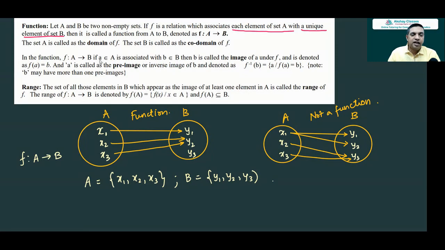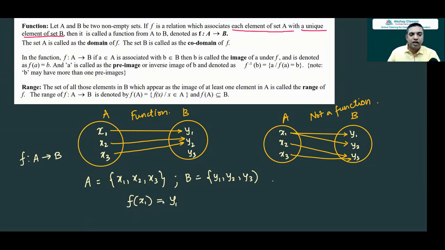So now for example here we write f of x1 is equal to y1, which means that x1 is associated to y1 under this functional relationship. Okay, f of x1 is equal to y1.